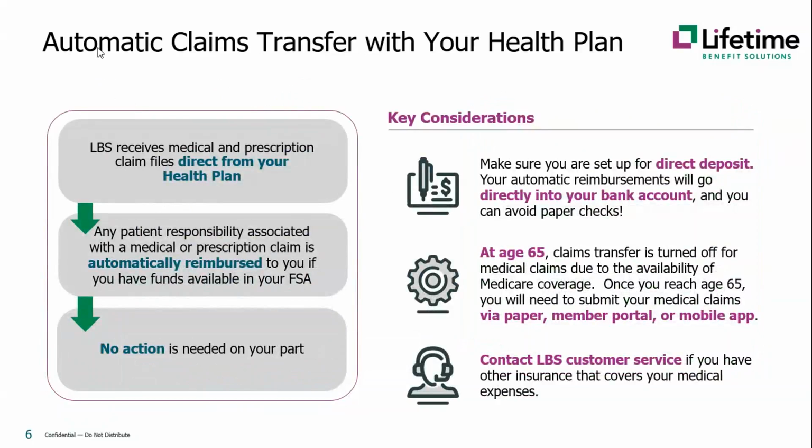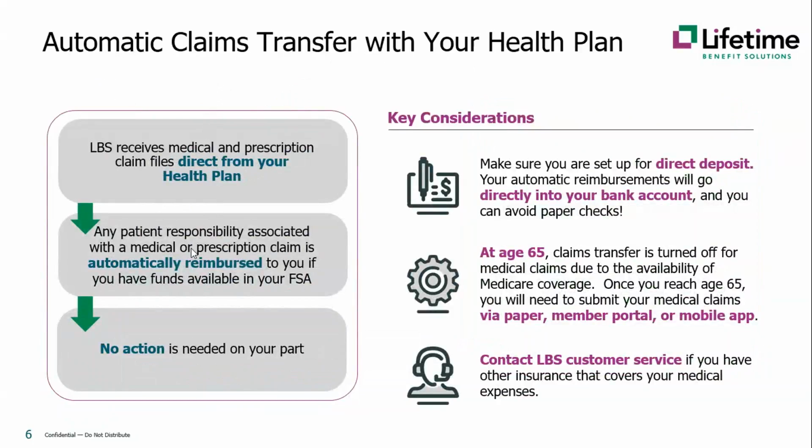Now, your plan does have something called automatic claims transfer, or ACT. And what that means is that when you go to a doctor or anytime that you're using your medical insurance and a claim is going to be filed from your provider to your health plan, that claim will also come to Lifetime Benefit Solutions. We have a claims file feed from your carrier.